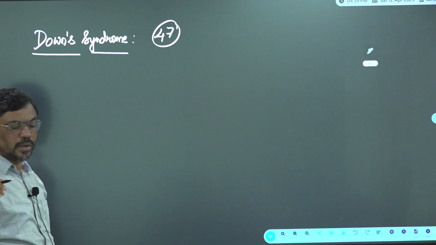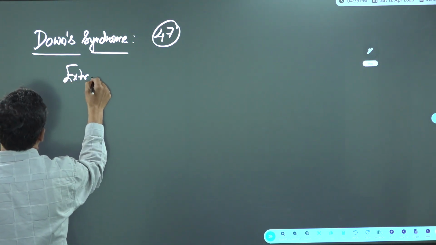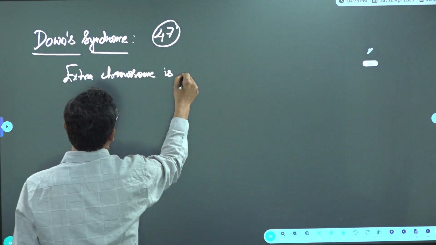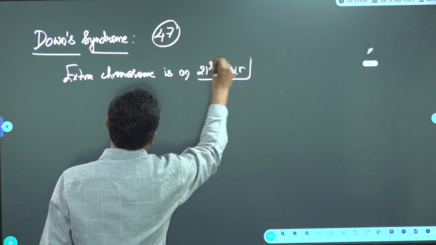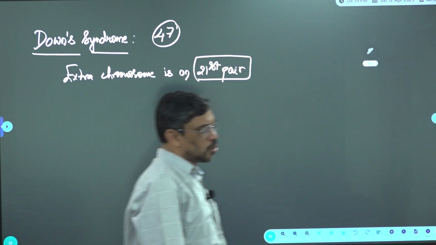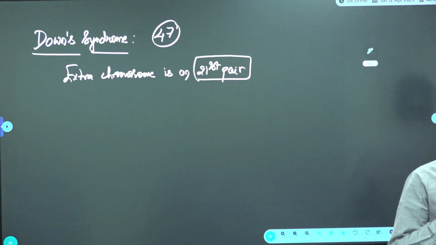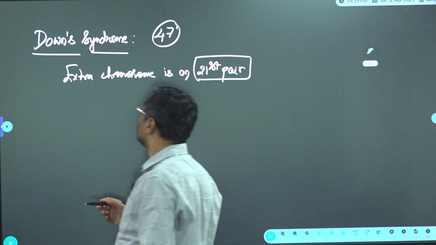The normal chromosome number is 46, but here it is 47. The extra chromosome is on the 21st pair.